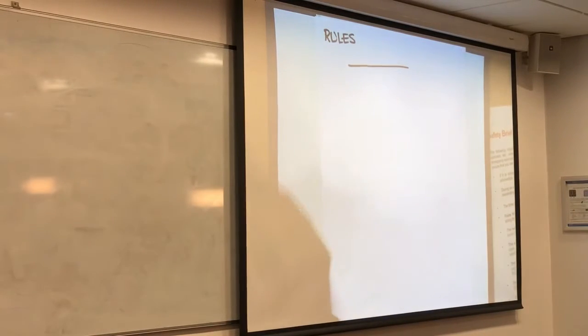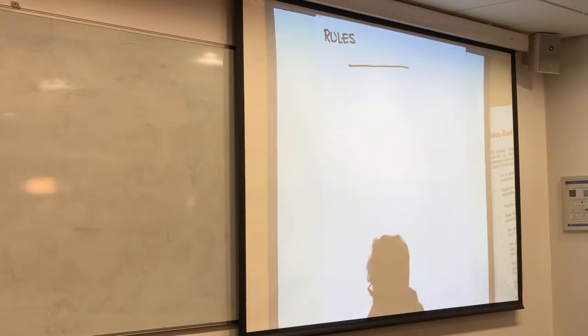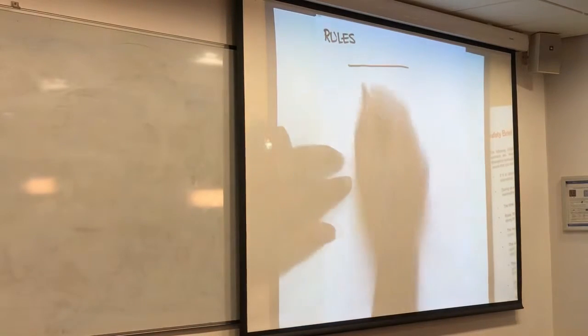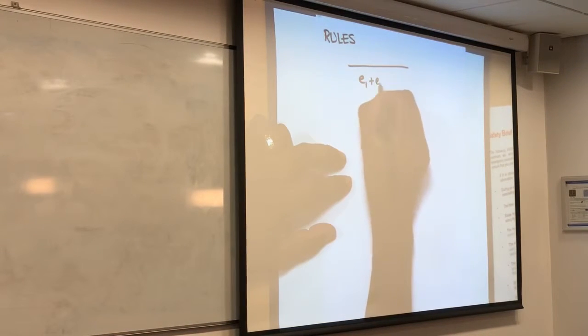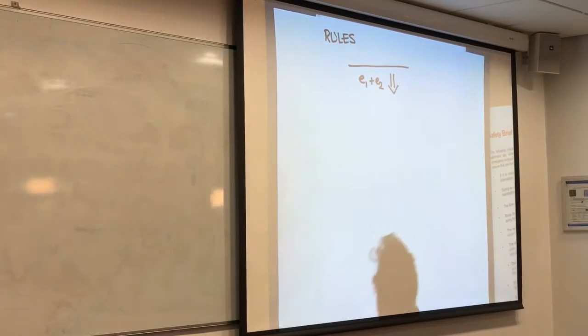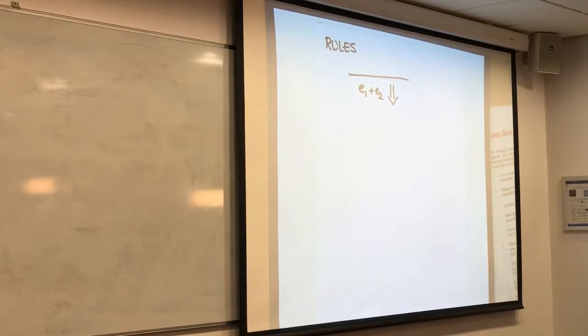So for example, let's do the rule for addition. One of the production rules says an integer expression is an integer expression followed by a plus followed by an integer expression. So I need to tell you, what does that evaluate to? On the bottom, below the horizontal line, I'm going to write the expression I want to evaluate. Do you remember in the first lecture we said, you process the subtrees and then you do the overall answer.